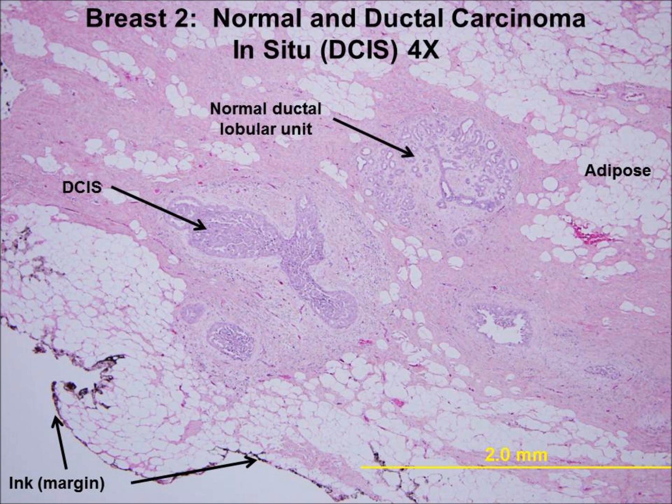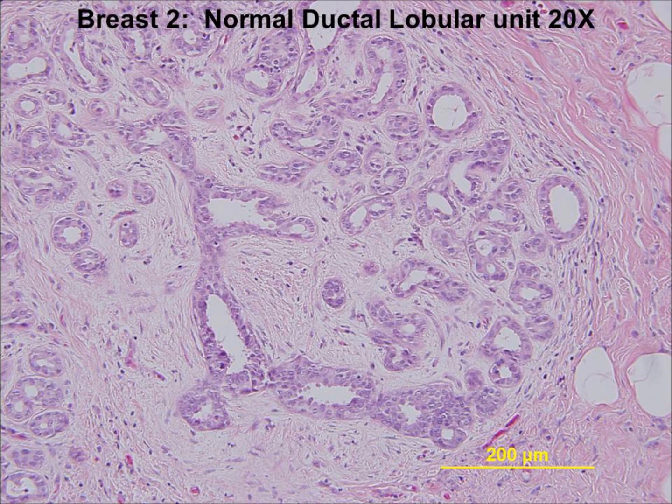Now switch to higher power and examine the normal lobular unit first. The normal lobular unit shown here consists of an extended terminal duct and round secretory acini. Look closely at the pattern of the basophilic nuclei in the terminal duct and note that the epithelium is either 1 or 2 cells layer thick. This is normal. Now move the slide to the region of the DCIS.